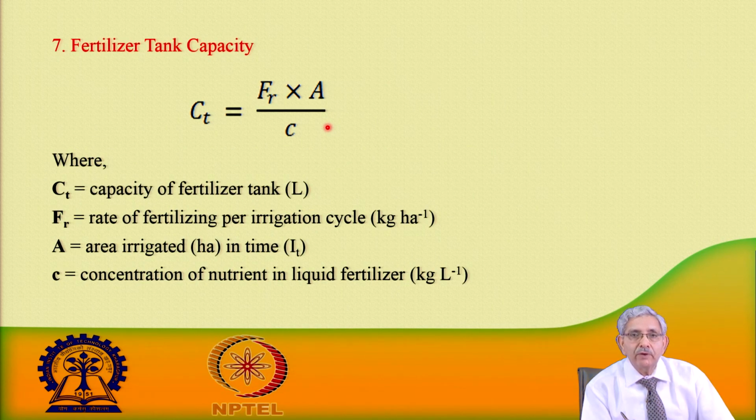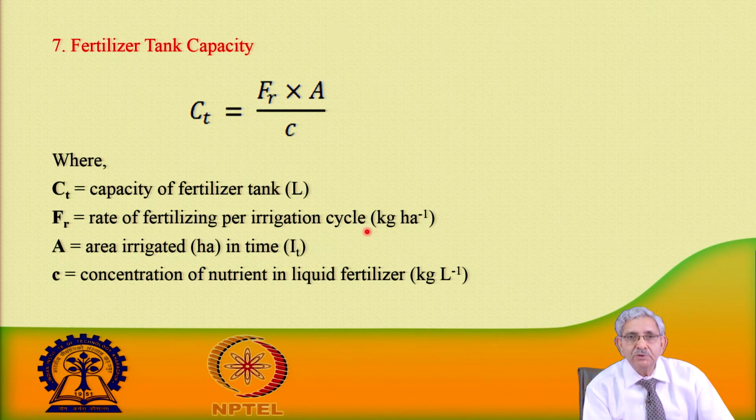And then one can find the fertilizer tank capacity. If I want to calculate the fertilizer tank capacity in liters, then it is Fr, the rate of fertilizer per irrigation cycle in kg per hectare, multiplied by the area irrigated, divided by the concentration of nutrient in kilogram per liter.